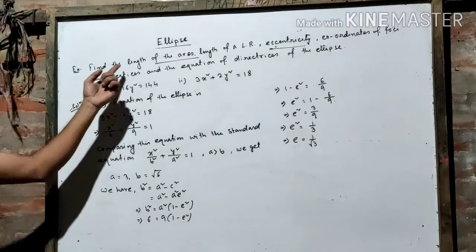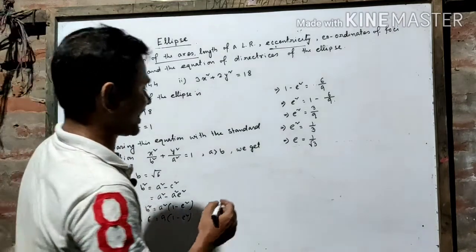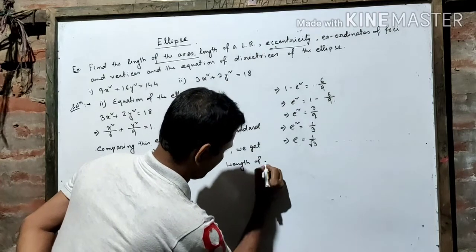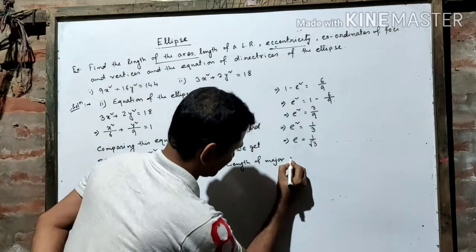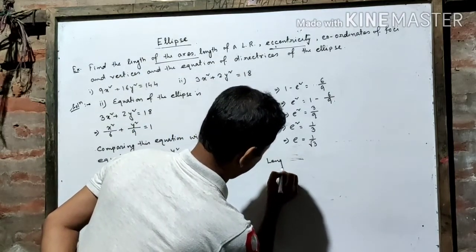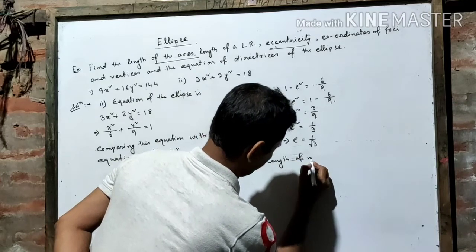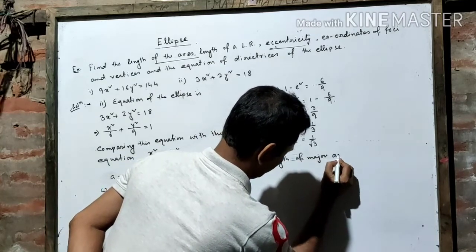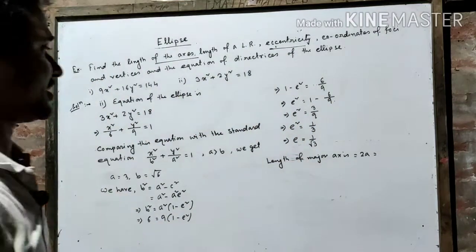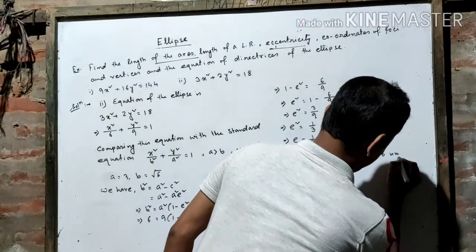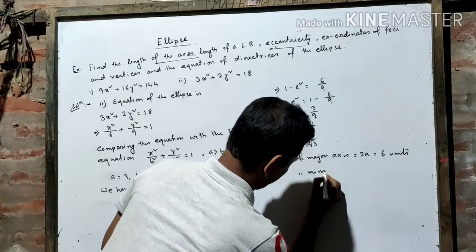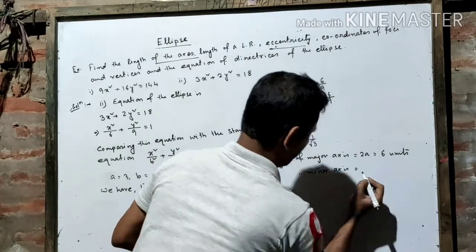Now we will find the length of the axes. First, the length of major axis is equal to 2a. What is the value of a? The value of a is 3. So it is equal to 6 units. Length of minor axis is equal to 2b.